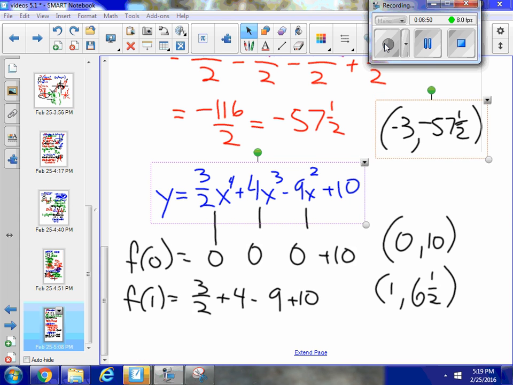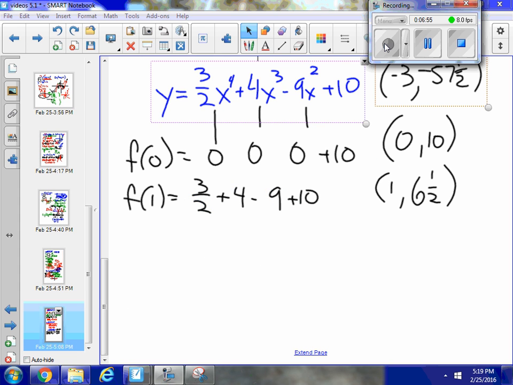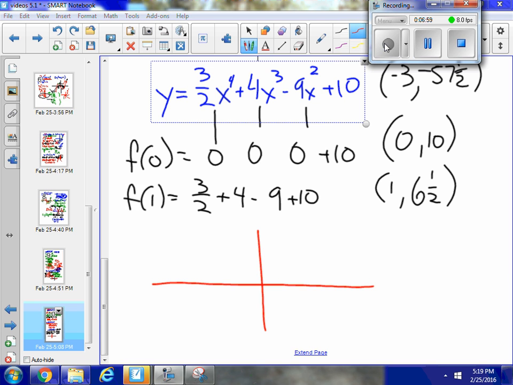Well, let's look at what this graph is going to look like. So I'm going to make a model of the graph. What I knew from the beginning was that I was going to have up, up end behavior. And I know I have 3 points where my derivative is equal to 0. I have one at negative 3, way down here, so let's call this negative 3, negative 57 and 1/2.